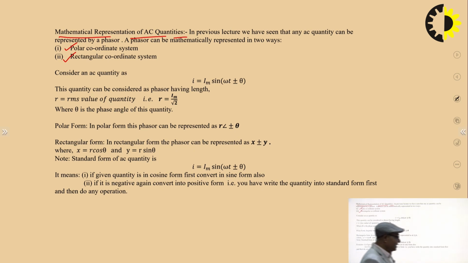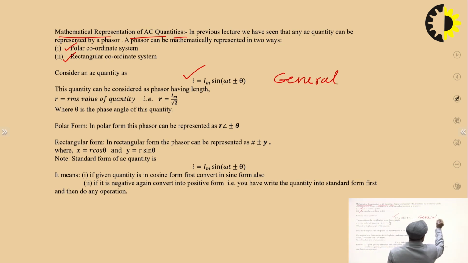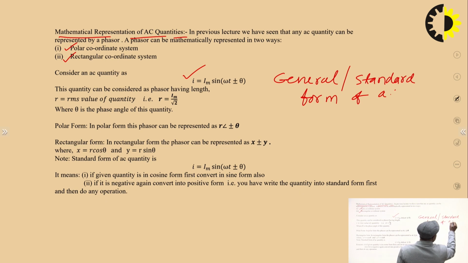As we know, any AC quantity can be expressed in general form. This is the general or standard form of AC quantity.